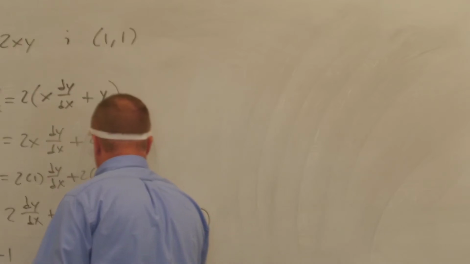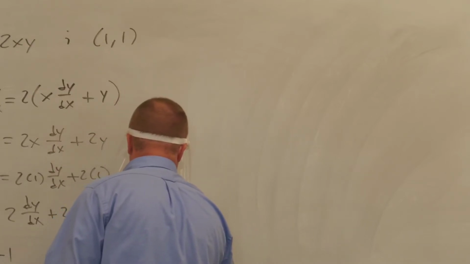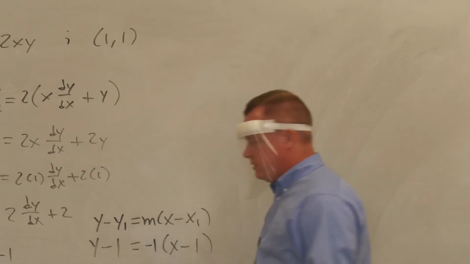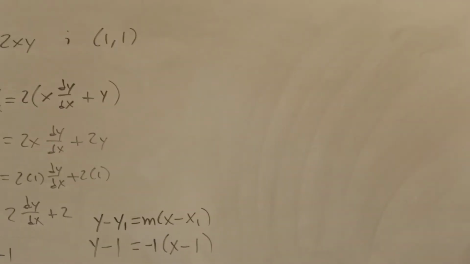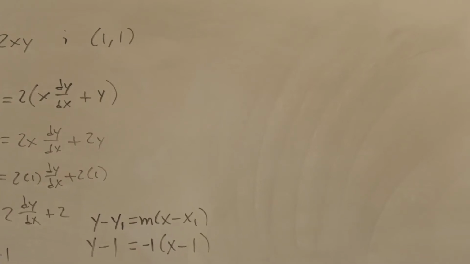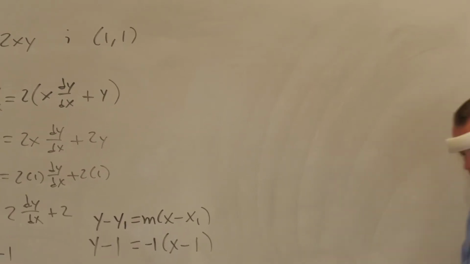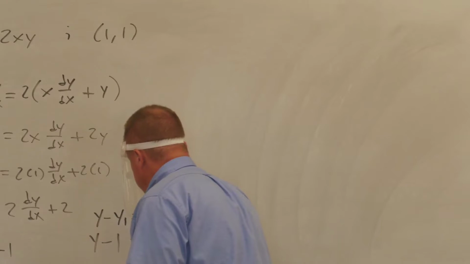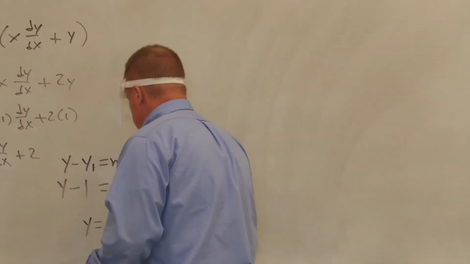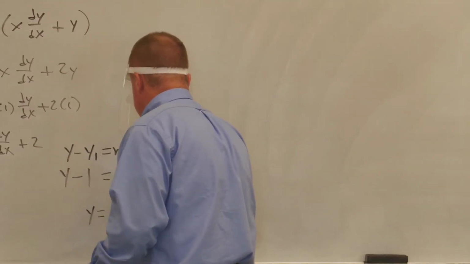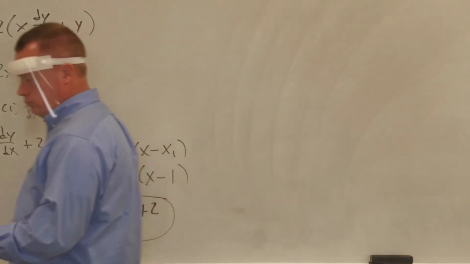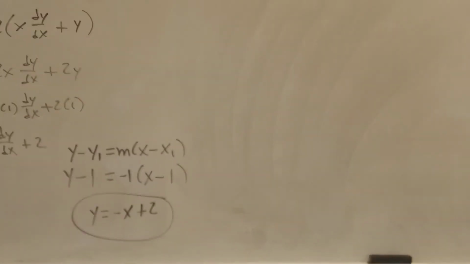Okay, so y minus 1 equals negative 1, x minus 1. So put 1, 1 in for x and y, negative 1 in for m. And a little simple algebra there, we see our equation of the line is y equals negative x plus 2. Okay?